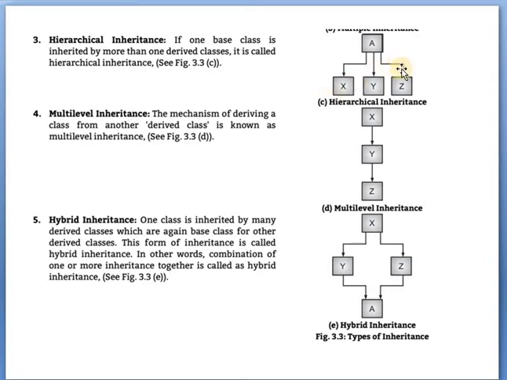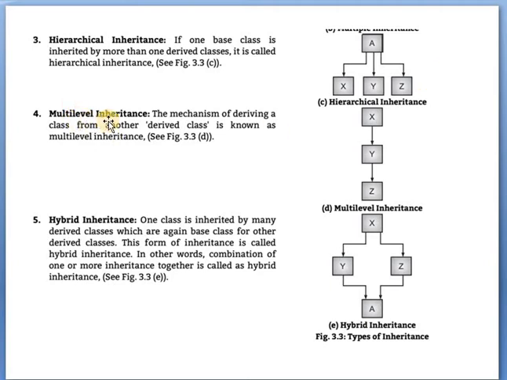See here X, Y, Z, these three are the derived classes, and they are derived from the base class A. So here there is a single base class and multiple derived classes, and this type of inheritance is known as hierarchical inheritance. See the difference between multiple and hierarchical inheritance: in multiple inheritance, there is more than one base class and a single derived class; in hierarchical inheritance, a single base class and multiple derived classes.